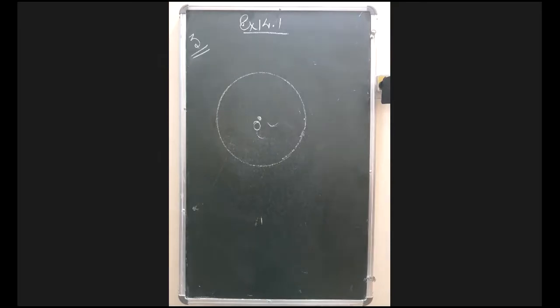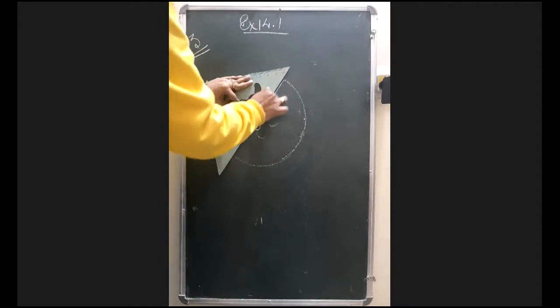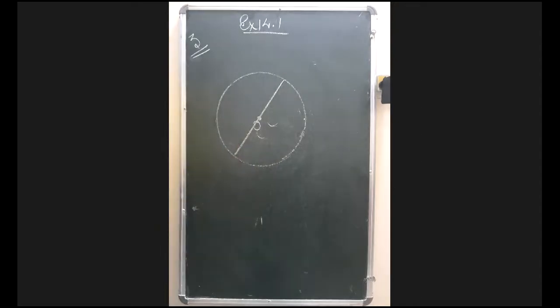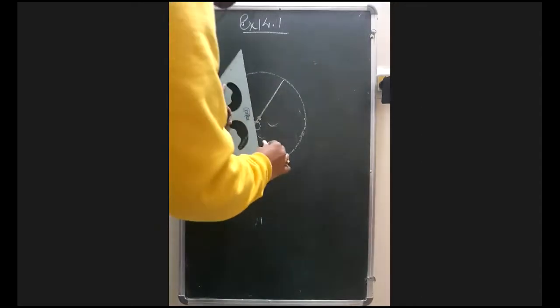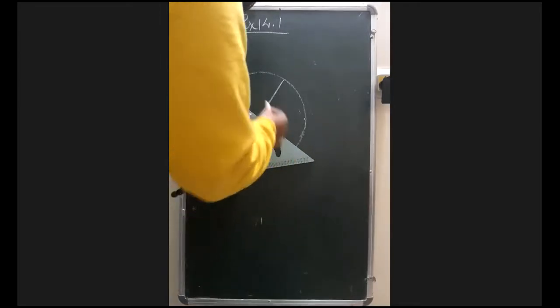So for question number 3, it is telling that you have to draw a circle. The radius was not given, so I have drawn it freehand by taking any radius. And the question is telling that now you have to draw two diameters. So a diameter can be taken anywhere. So I have taken this diameter and let's take another one.